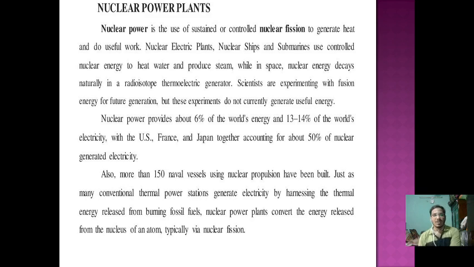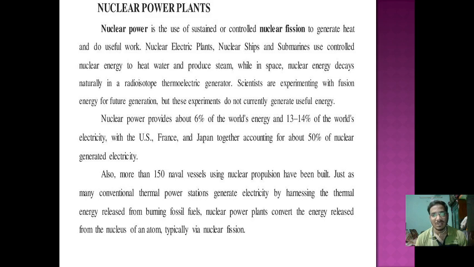Nuclear power provides about 6% of the world's energy. If the nuclear power plant uses water, produces heat, and with that produces electrical energy, that is 6% of world energy and 13 to 14% of world electricity.